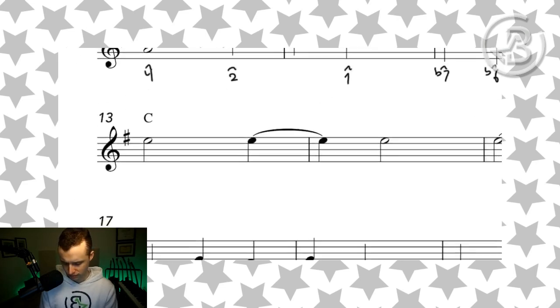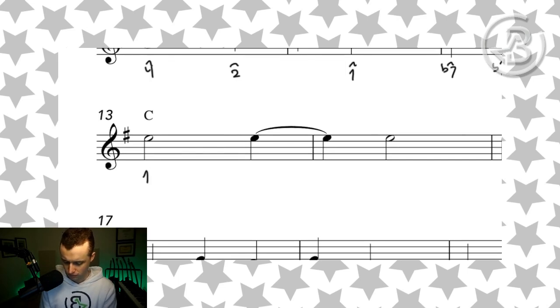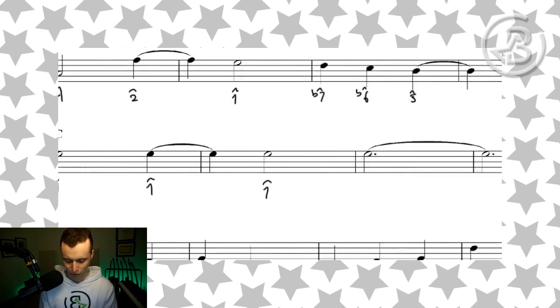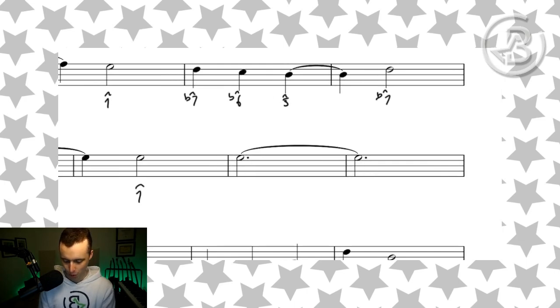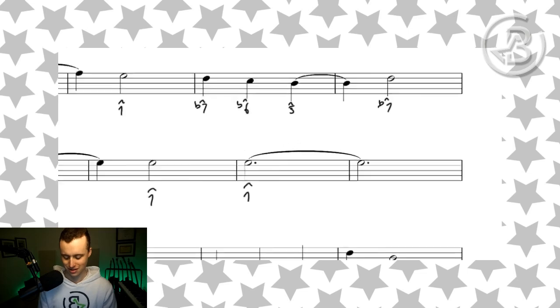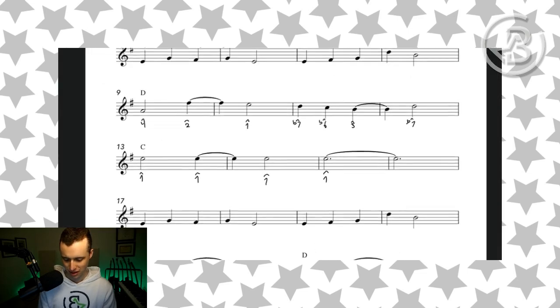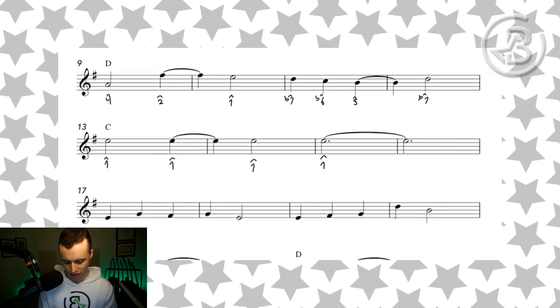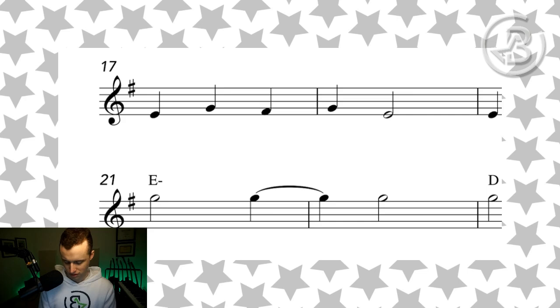Measure 13: 1, 1, 1, 1. And then we have a repeat of our first line. And we have some new notes here. Flat 3.